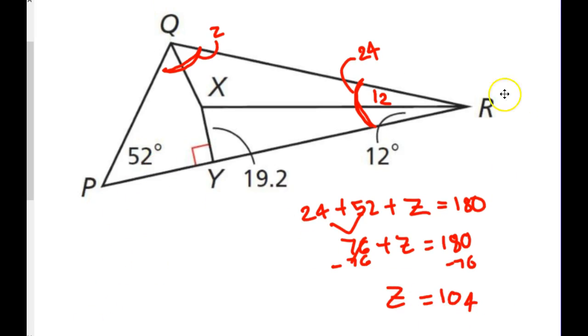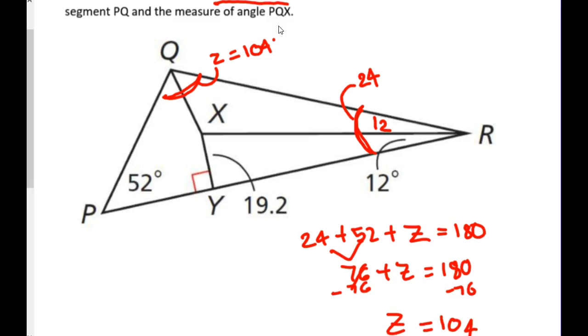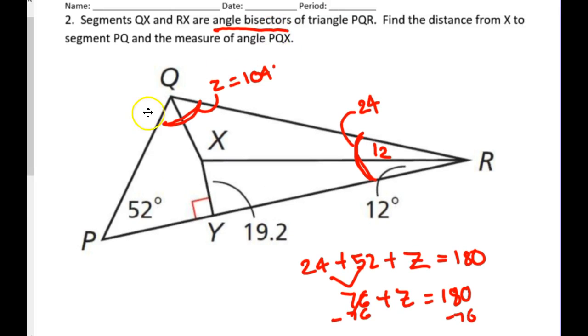So if Z equals 104, we can write that up here. Now, we're not looking for that whole angle. We're just looking for PQX, which is right here. So what do I need to do with 104? Divide by 2.